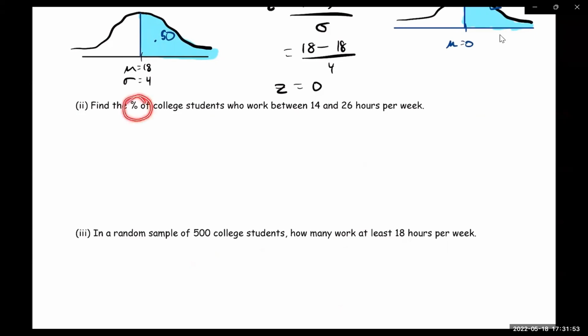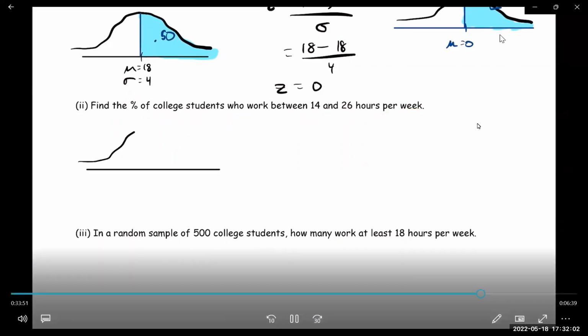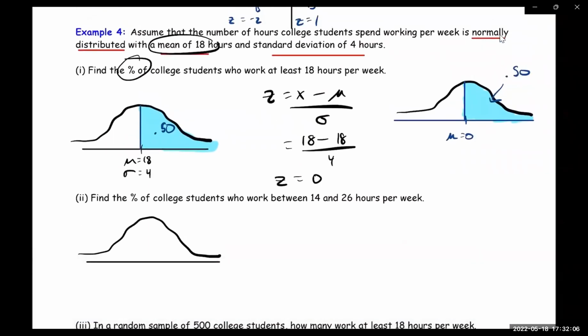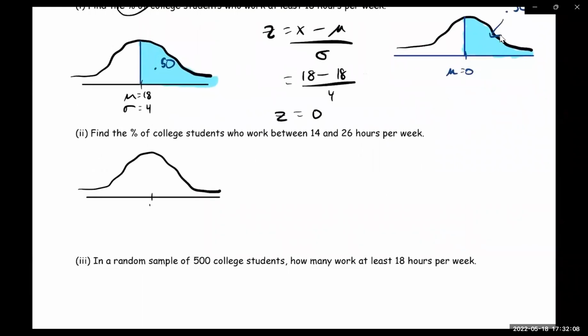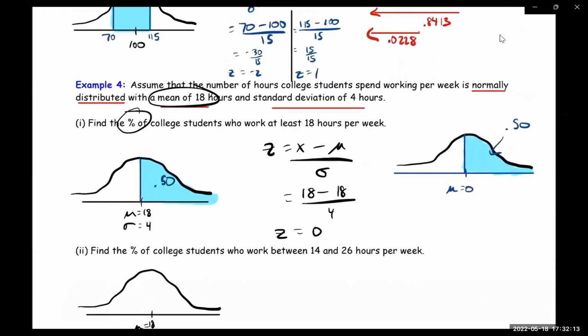So find the percentage of college students who work between 14 and 26 hours per week. So let's draw our normal distribution. All right, remember the mean is 18. So 18 goes in the middle. The standard deviation is 4.